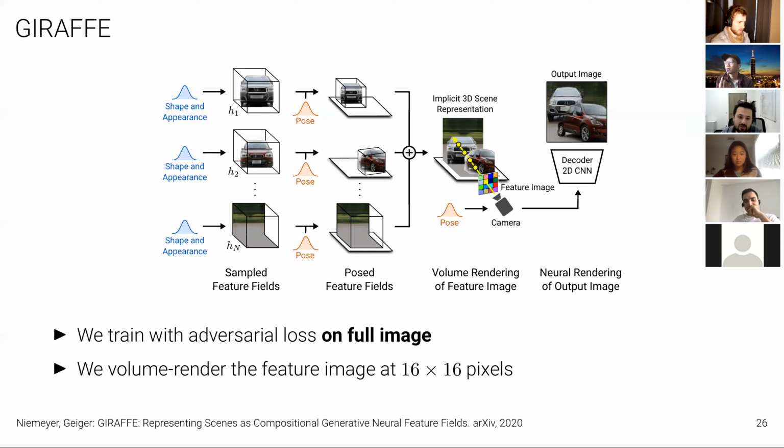And interestingly, a very fine detail is that we have a higher learning rate for the generator than for the discriminator, because the discriminator is fully convolutional, and the generator, in this case, is a combination of fully connected networks and the 2D CNN, and we find it works better if it has a higher learning rate. But in general, I would say training is stable.